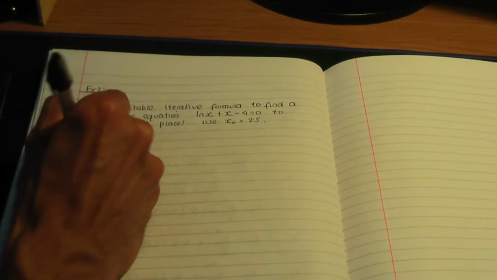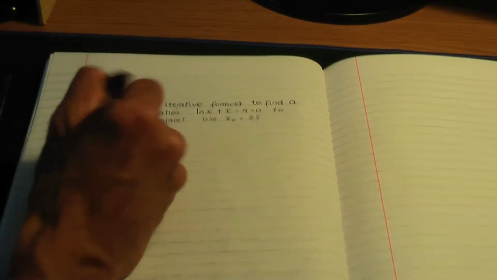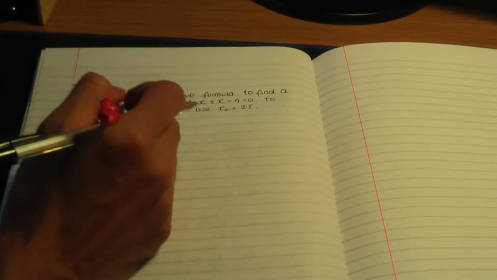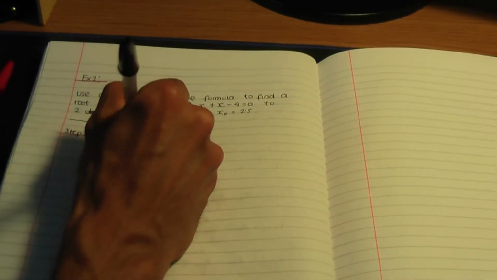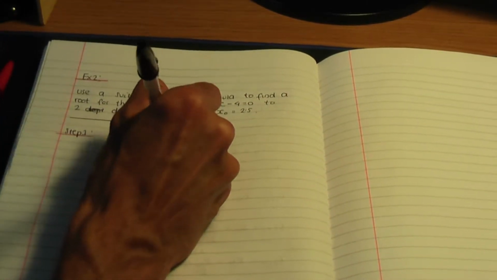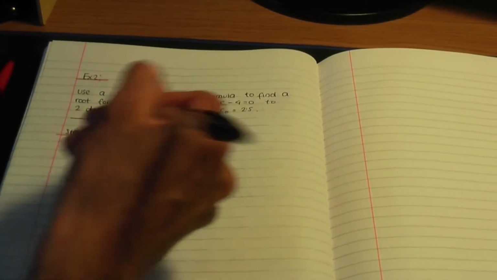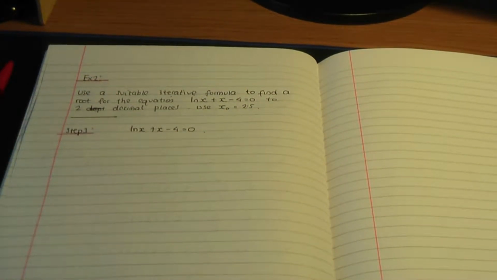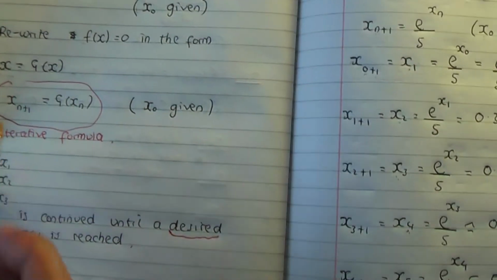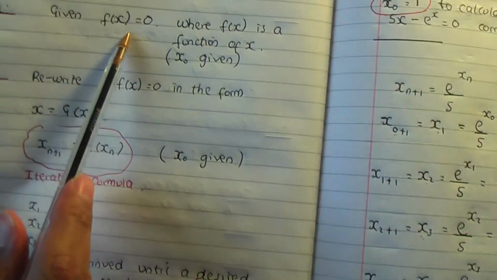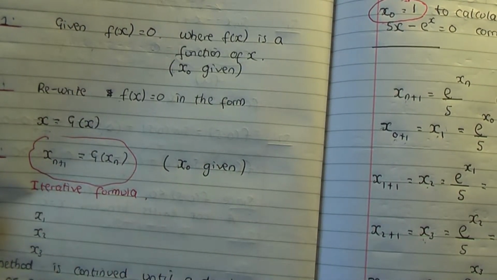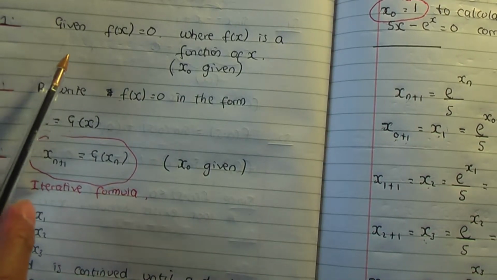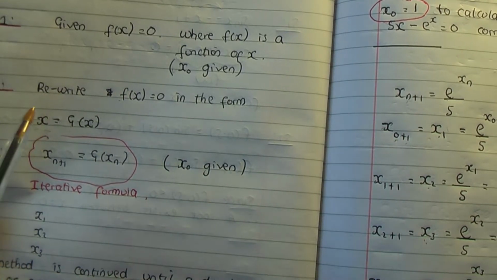So in step number 1, let me underline this. So the equation that we have is ln x plus x minus 4 is equal to 0. Okay, and remember, in step 1, so let's read step 1. We're given f(x) equals 0. Okay, or if you don't have it in that form, it doesn't matter, because in the next step we need to do some rearrangement.